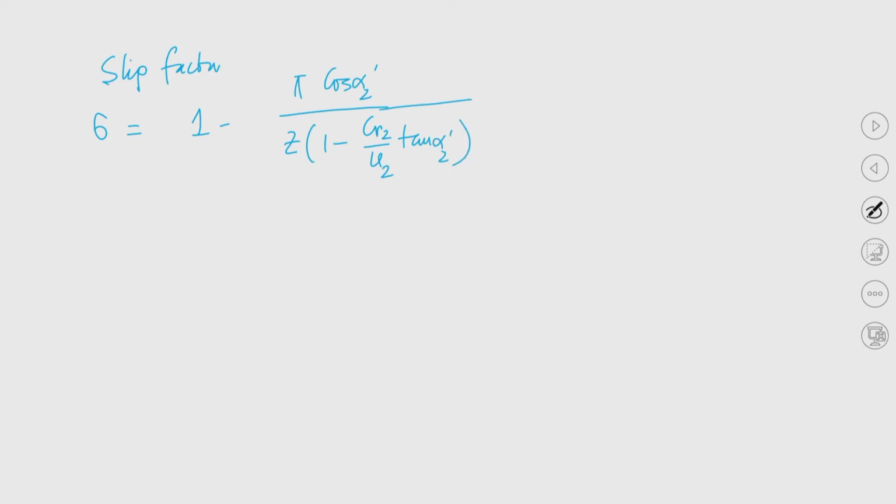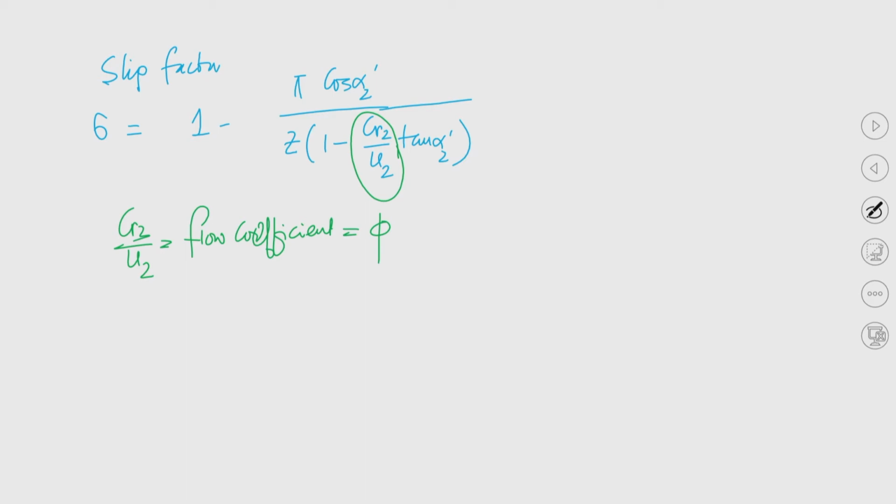this fellow. Now, if I take a different color, this fellow CR 2 by u 2 is known as flow coefficient. So, CR 2 by u 2, that is known as flow coefficient, and it is denoted by phi. What is flow coefficient?